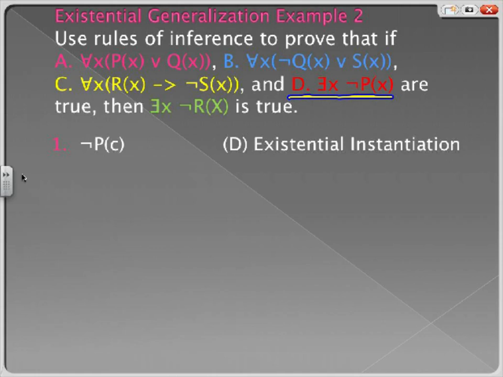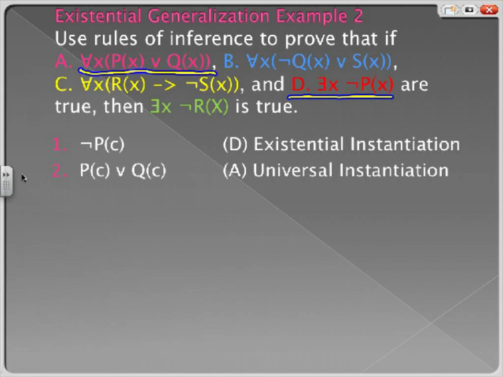And c will be an element of the domain X. And so we'll use our A premise now, and because for all x, P of x or Q of x is true, we can replace this x with c in a universal instantiation that says P of c or Q of c is true.